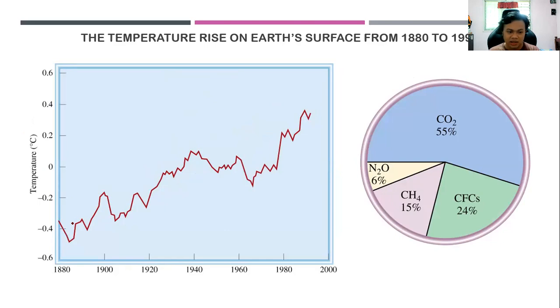So you can see the variation, but the overall trend is rising temperature. And what are the contributors to that? Primarily is the CO2, as we discussed earlier. Next is the chlorofluorocarbons, CFCs, and then the methane, and then the N2O, or nitrous oxide. I think this is nitrous oxide.